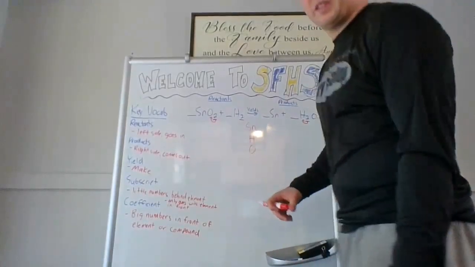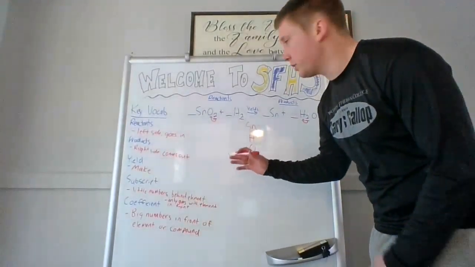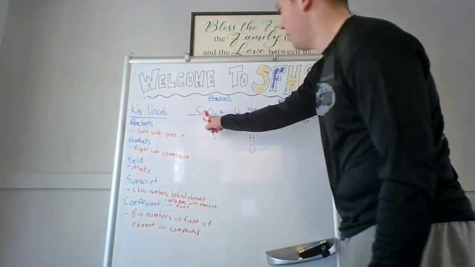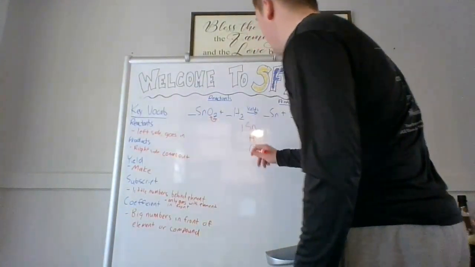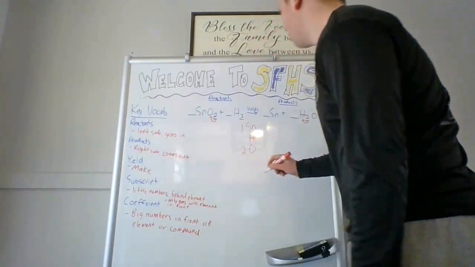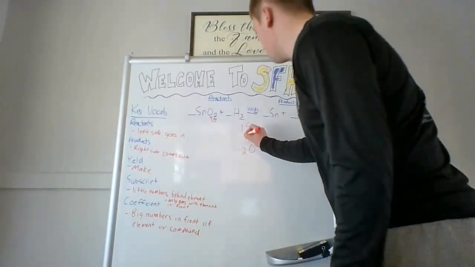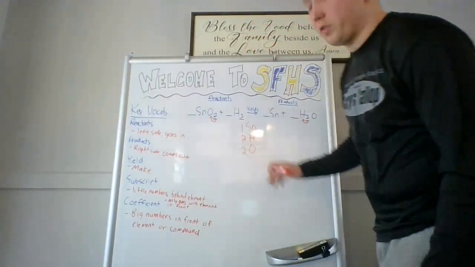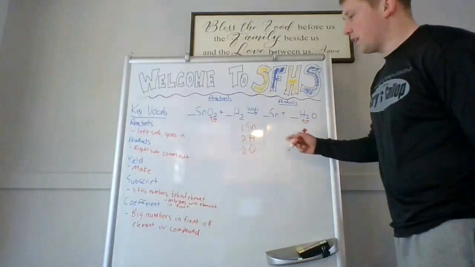And then I say how many of each one we have on each side. So we have one Sn over here, we have two O's over here, and we have two H's over here. And then I do the same thing with the other side.